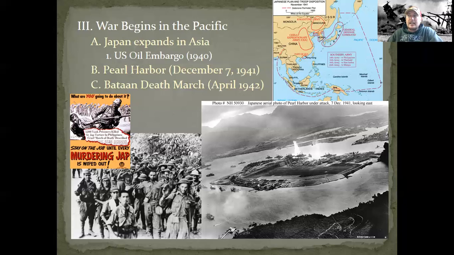So by 1940, Japan has made its way down into French Indochina. I don't know if you can see my cursor down here, but French Indochina. They've even launched attacks here, and today this is Vietnam. So after the French leave, they do rename it Vietnam.